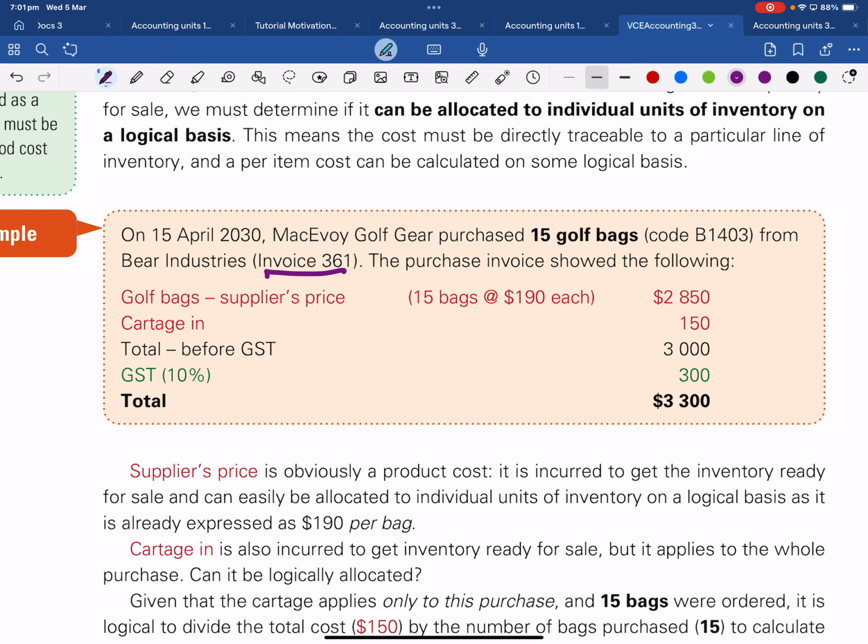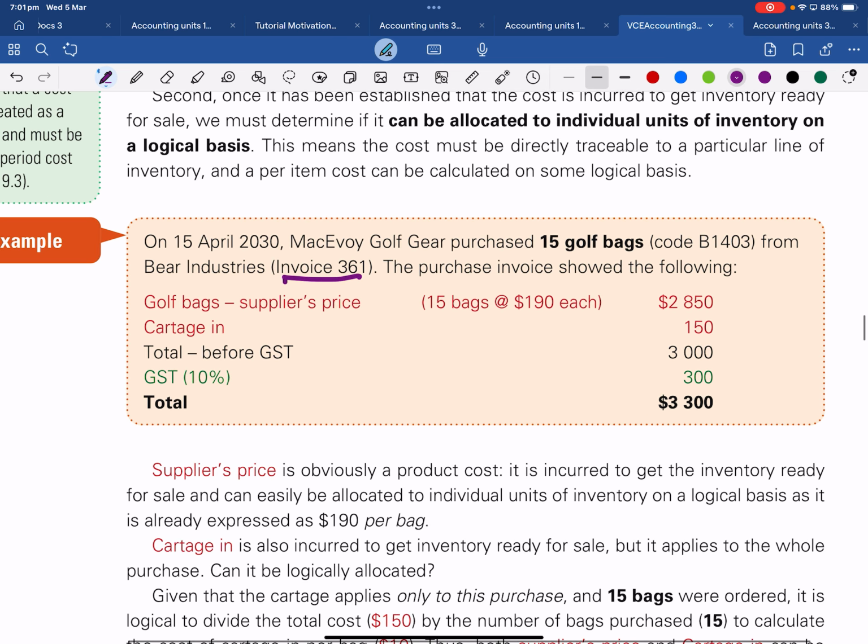The purchase invoice showed the following: 15 bags at $190 each, and cartage in of $150. This $2,850, what is it? Product cost or period cost? Product cost. Why?